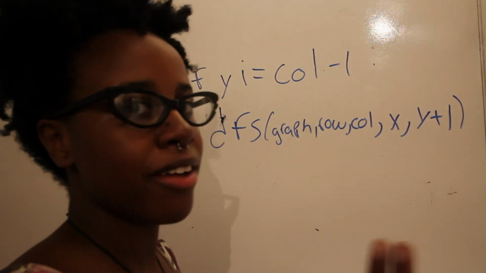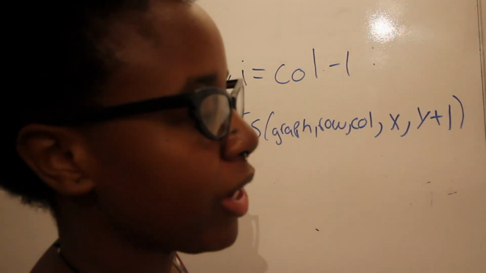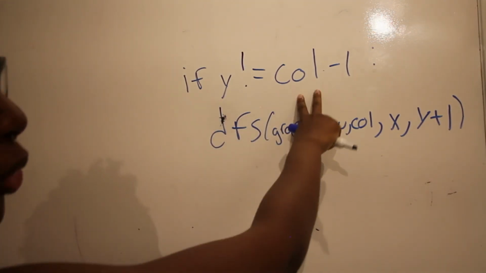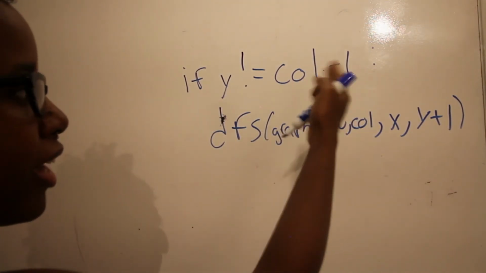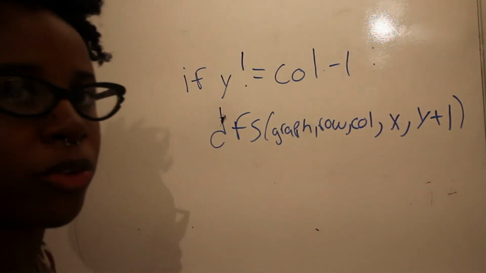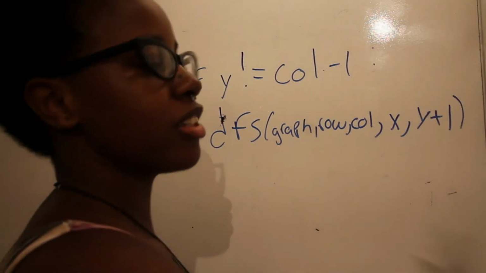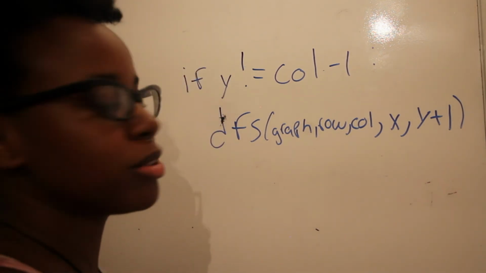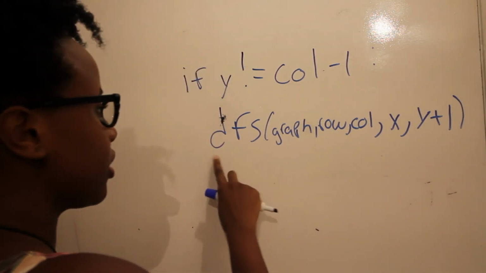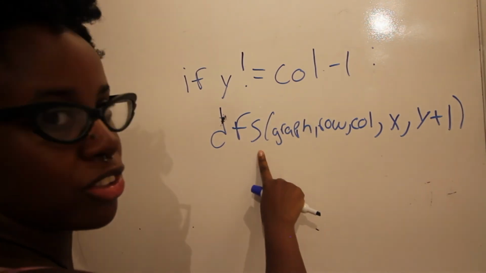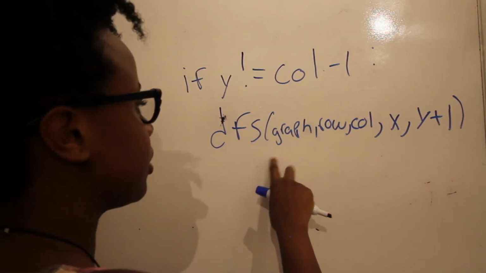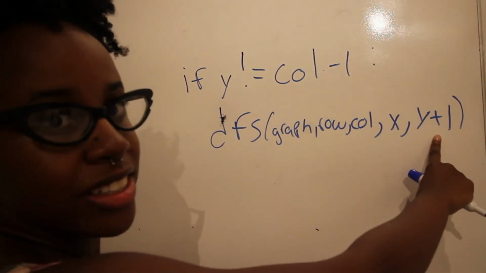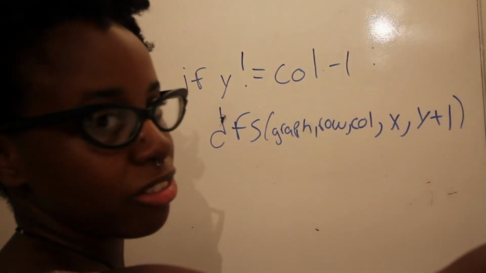Notice that we have 5 columns, and so we're going to see if y does not equal 4, because 5 minus 4, we would know that we're on the last column, and we can't look to the right of the last column. So in this case, we're on the first column, so this will work for us. So we're going to call that first search again, and we're going to check to the right. So y plus 1 would be the right of the function.